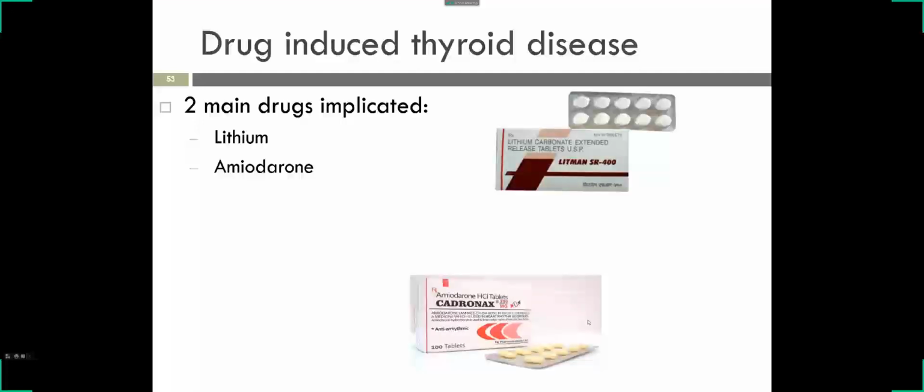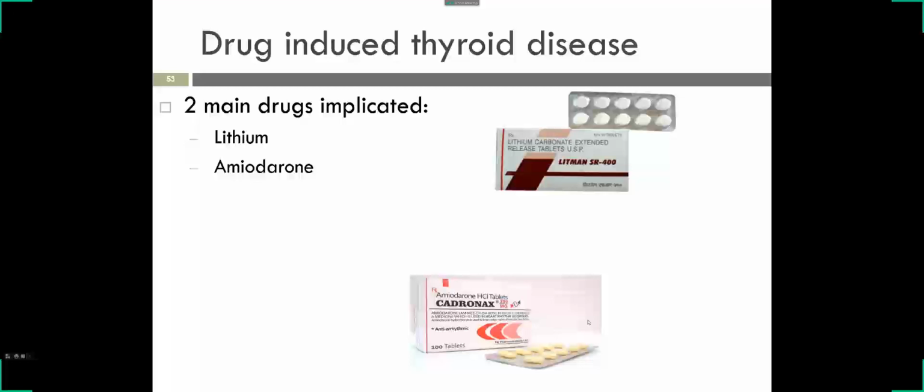Now, remember I mentioned to you that you could get hypothyroidism as a side effect of drug treatment. So in this case, sorry, amiodarone, it's not an SSRI, I apologize, I forgot, it's for heart rhythm.